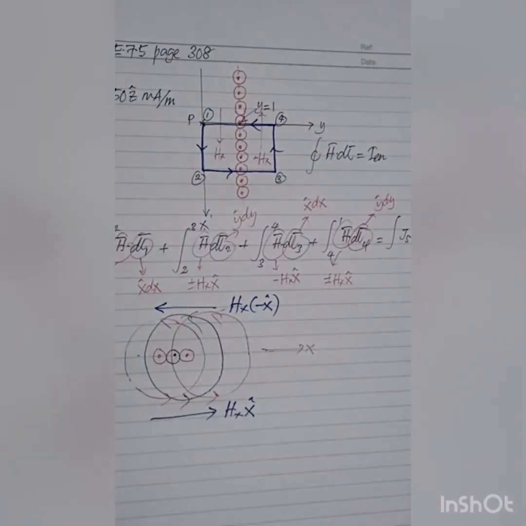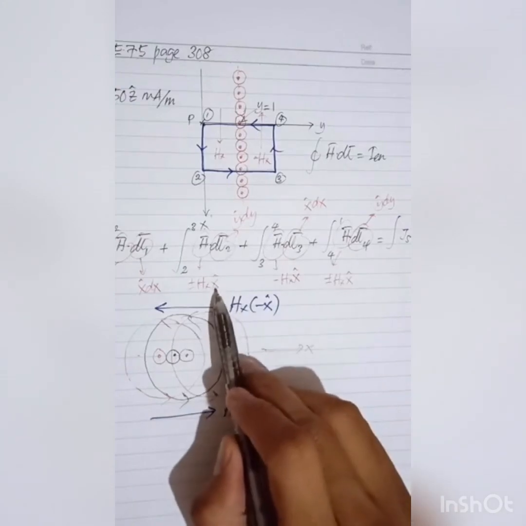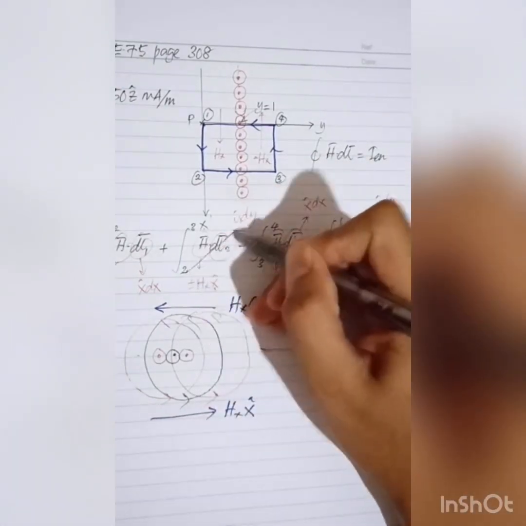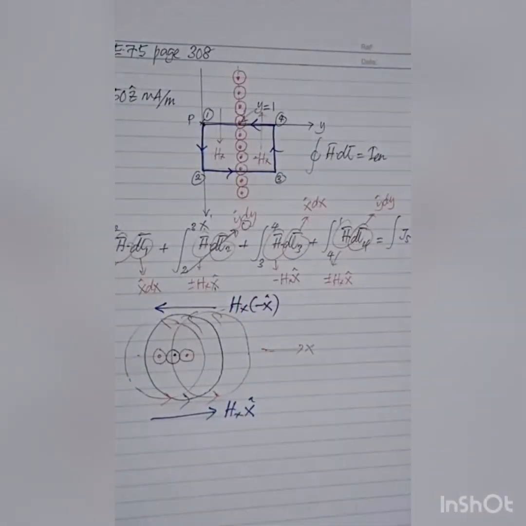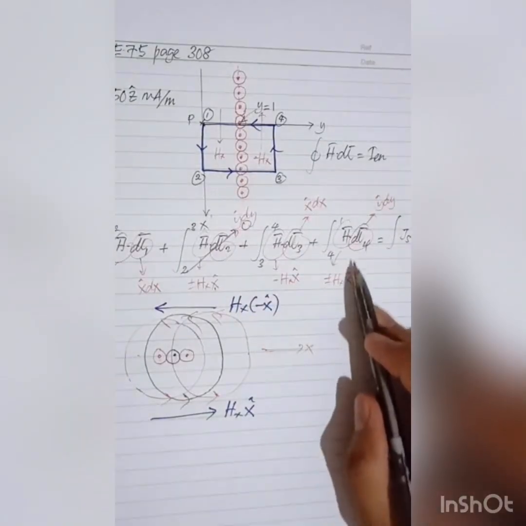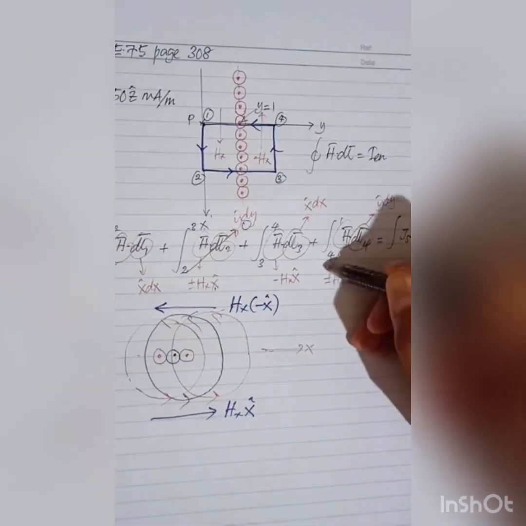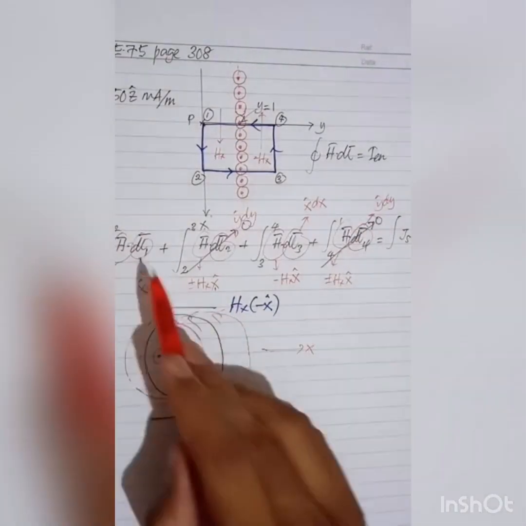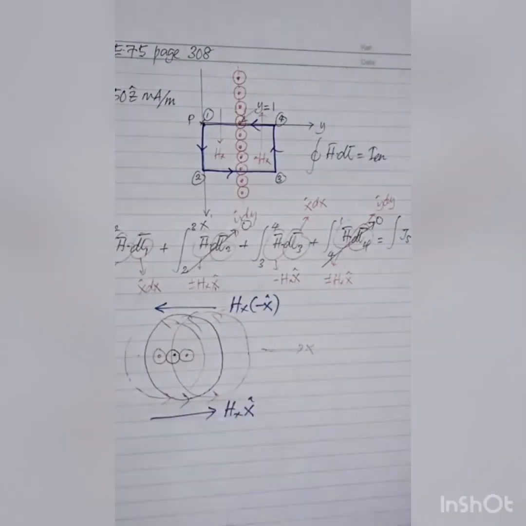So let's do the dot product between the H and the dl. You can see from here the x dot y will have 0 product, and then again x dot y also will have 0 product, right? So what is left? We only have this first and third integral path.